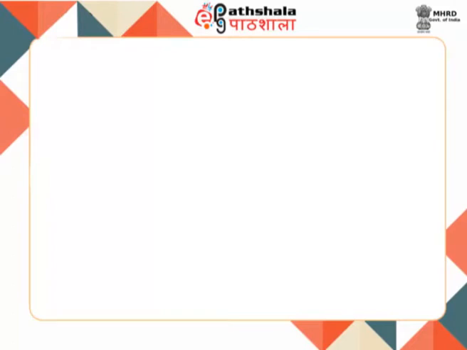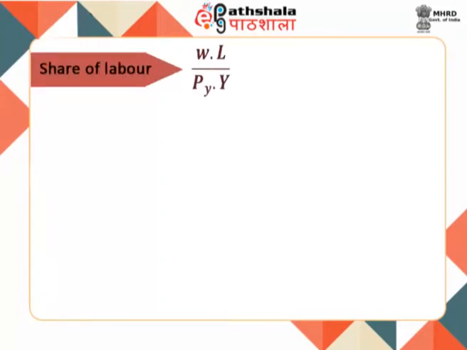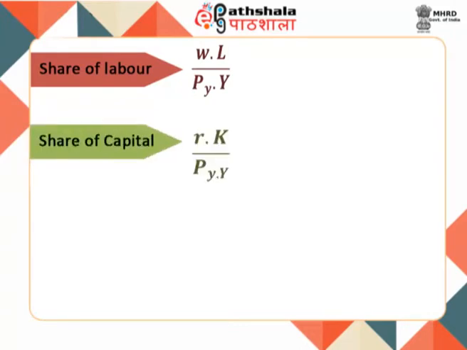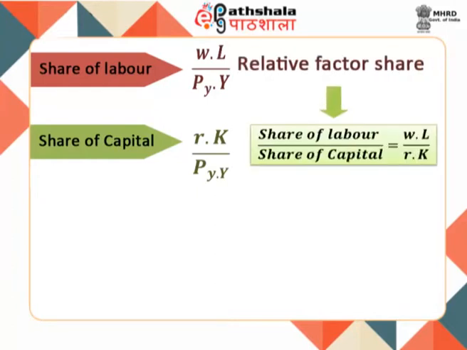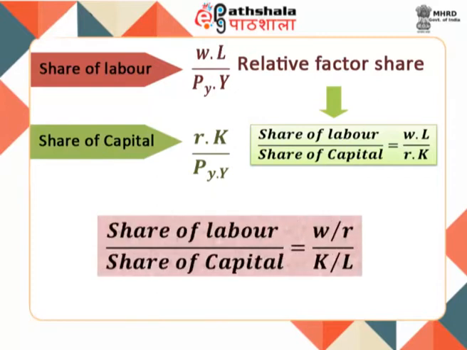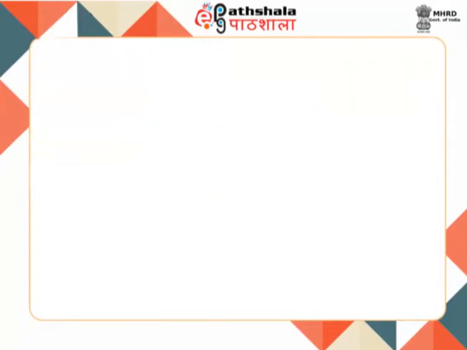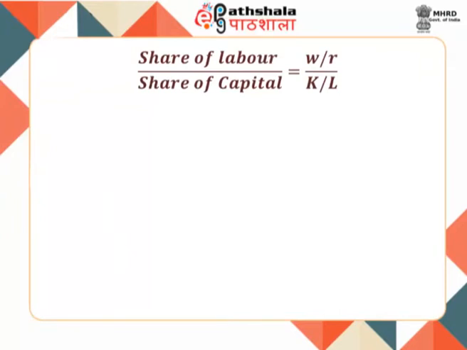The share of labor and capital can be written as share of labor equals W into L by Py into Y, share of capital equals R into K by Py into Y. Hence, the relative factor share, share of labor by share of capital, equals W into L by R into K, or W by R divided by K by L. The equation traces the relationship between change in W by R ratio to the relative shares of labor and capital.